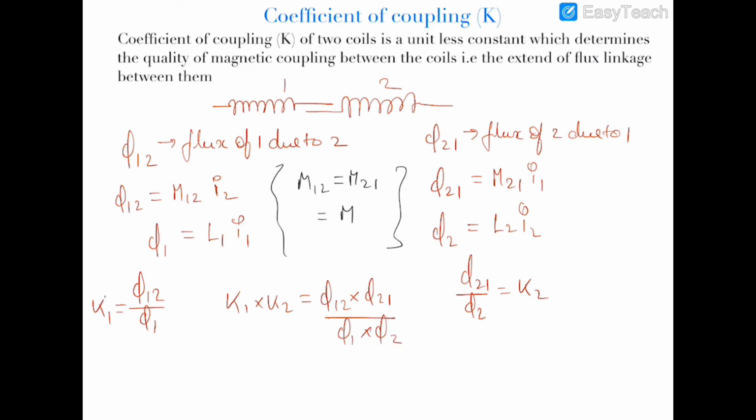Substituting these values, phi 12 is equal to M I2, phi 21 is equal to M I1, phi 1 is equal to L1 I1, and phi 2 is L2 I2. Cancelling out I2 I2 and I1 I1, we get M square upon L1 L2.